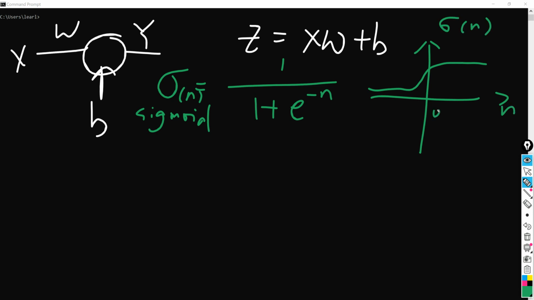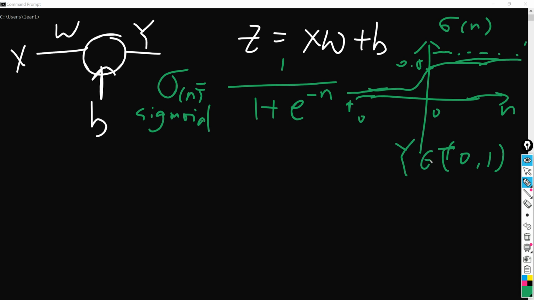When n is 0, this point is 0.5. When n is extremely large, it converges to 1, and if n is extremely small, it converges to 0. So all the outputs will be in the range of 0 to 1, so y will be in this range.